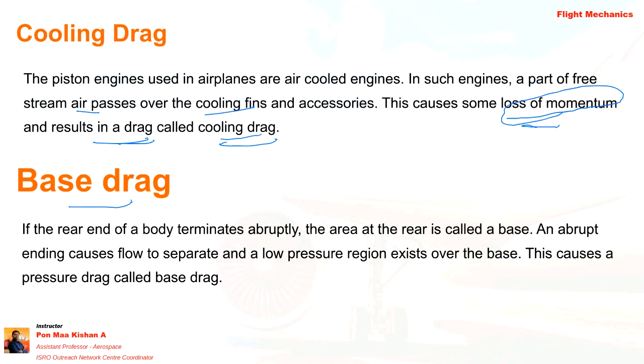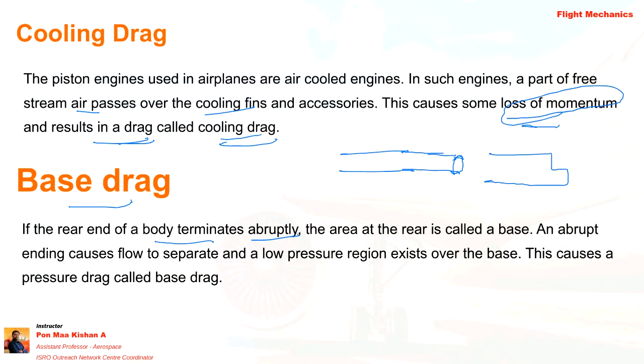Base drag is nothing but what happens if the body terminates abruptly. Abruptly means without any proper shape. Let's say there is a missile, right? If the missile has a cylindrical pattern, then it is okay. Suppose the missile is ending like this, right?